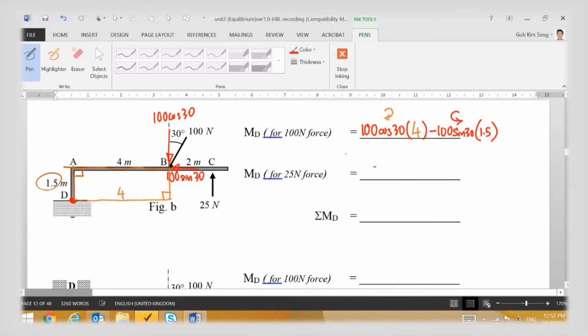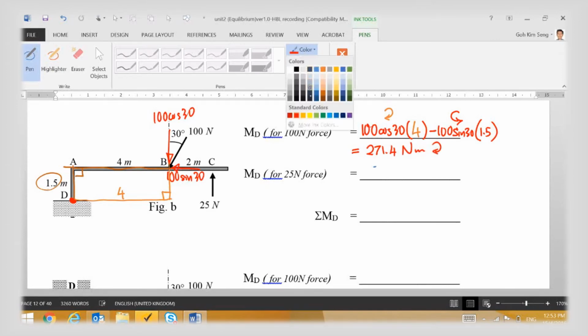With two different directions, we take clockwise minus anti-clockwise. We get 271.4, which is clockwise.